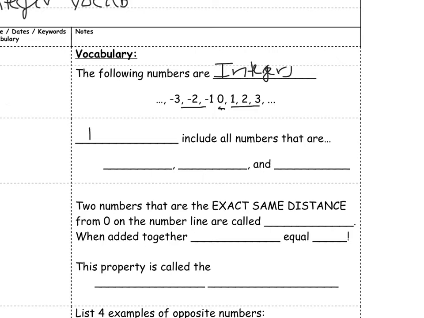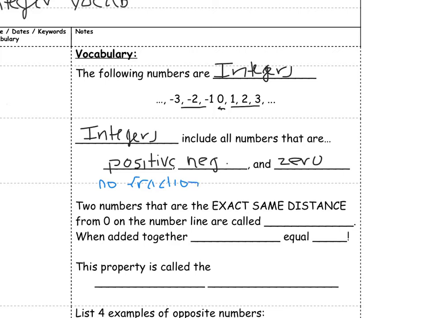So integers include all the numbers that are positive, negative, and it also includes 0, but there are no fractional or decimal parts.